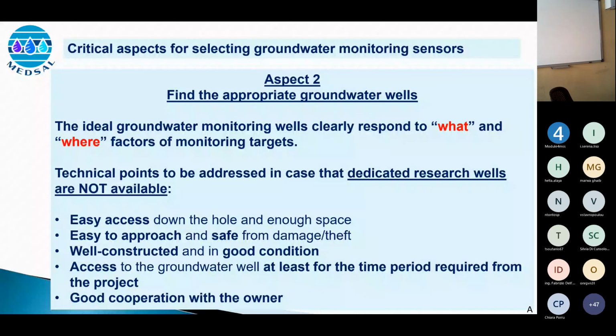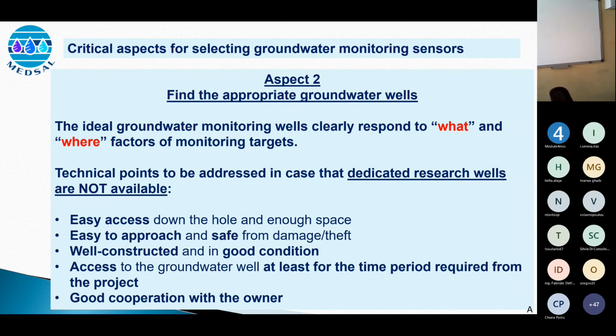Well constructed and in good condition wells. You don't go for wells that are dubious if they are operating hydraulically and if they give you direct access to the flow system. You don't go for wells that are ready to collapse, because you are going to have a problem of losing the instrument and also losing the data.